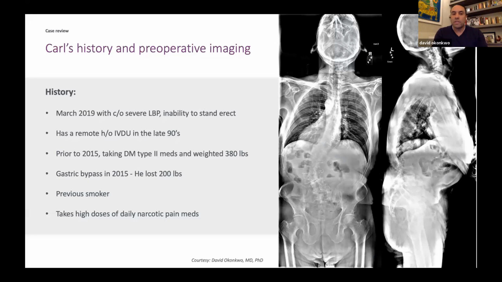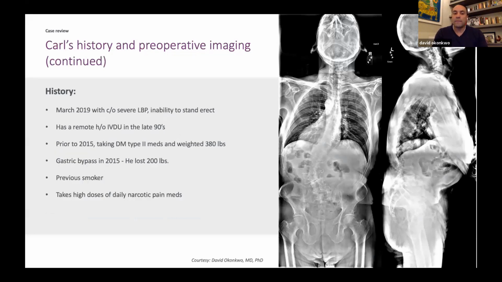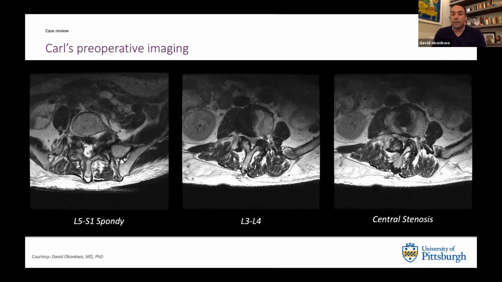And we also needed to address the fact that he had to wean off of his high doses of narcotic medications. Turns out he had severe osteoporosis and was continuing to struggle with anxiety and depression, which he was actually pretty upfront and open and honest about.